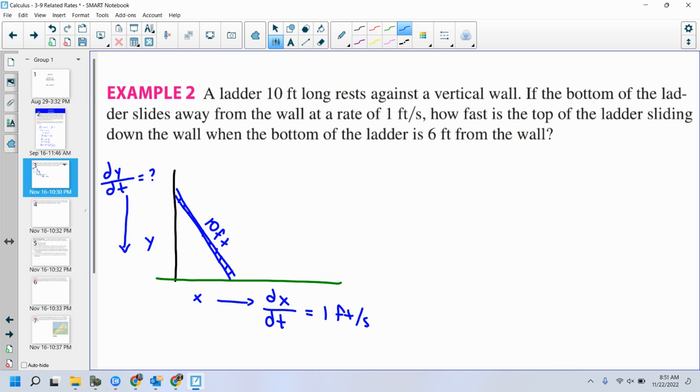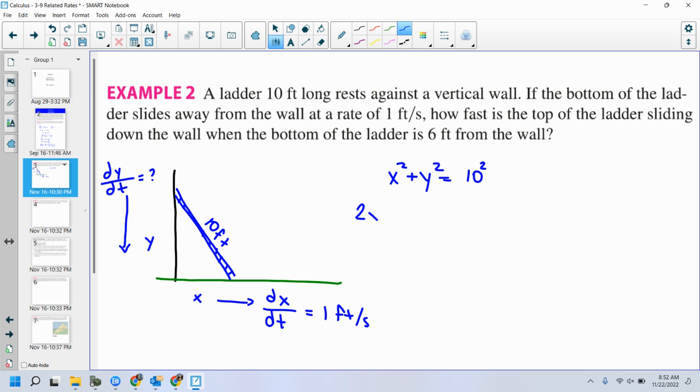Is there some sort of equation that we can relate these two quantities together with? Well, that's a right triangle. I know that I can say x squared plus y squared equals 10 squared. Let's differentiate that. Is there something acting on x? Yeah.